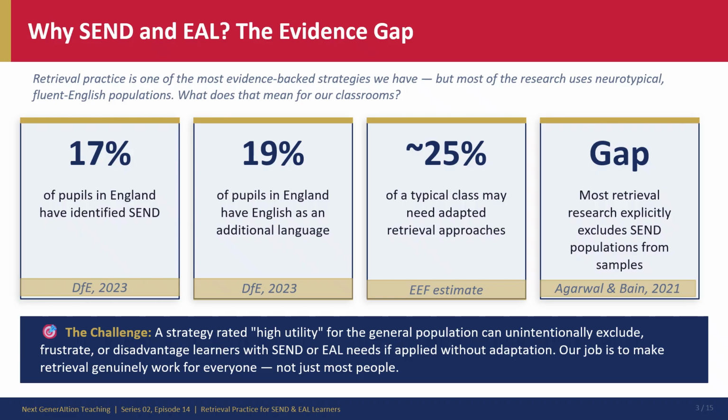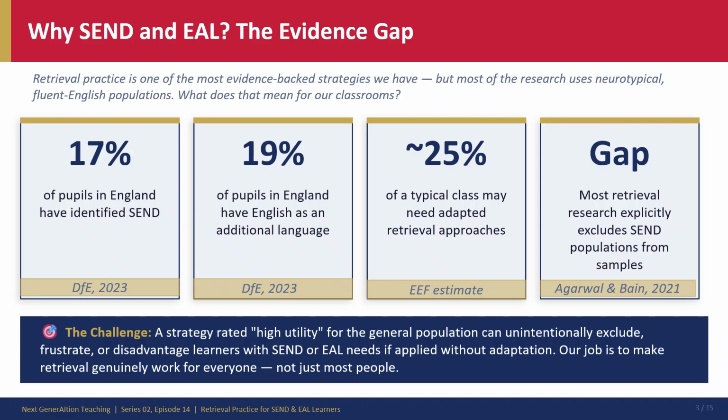And here is the evidence gap that motivated this episode. Most of the research that underpins retrieval practice as a strategy was conducted with neurotypical, fluent English student populations. When Agarwal and colleagues reviewed the retrieval practice literature in 2021, it became clear that research samples overwhelmingly came from mainstream general education populations, with SEND learners rarely represented.